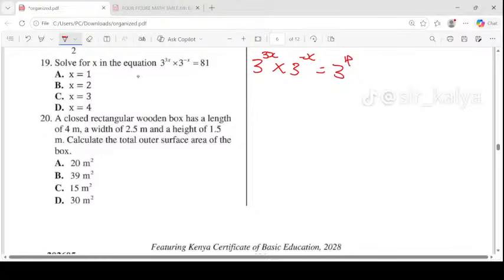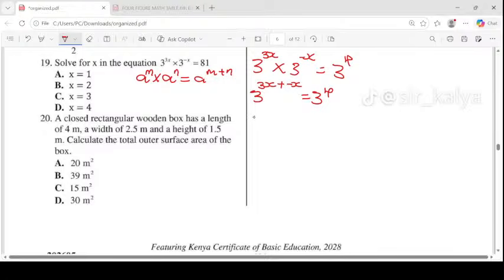We have the product law that says a power m times a power n is a power m plus n. When you apply that law on the left hand side, this will be like saying 3 power 3x plus negative x should be equal to 3 power 4.